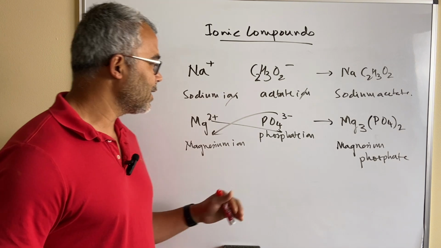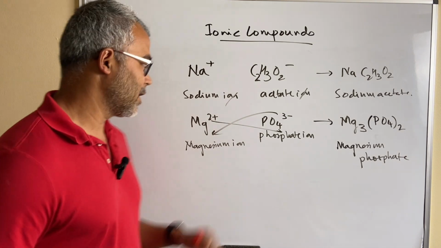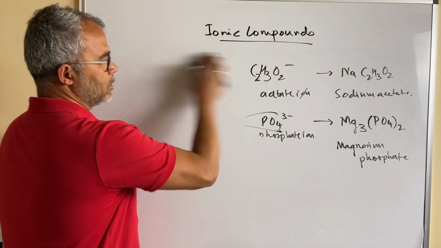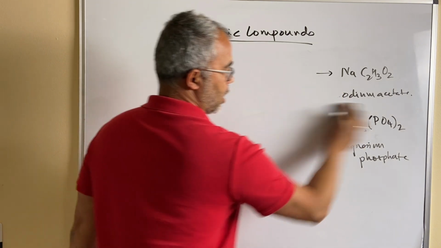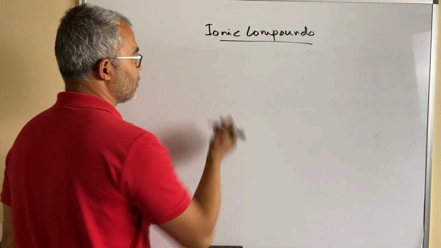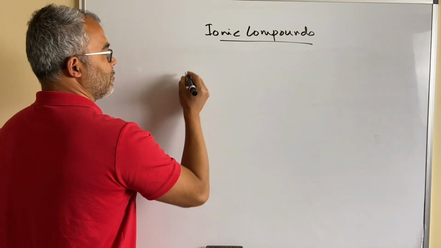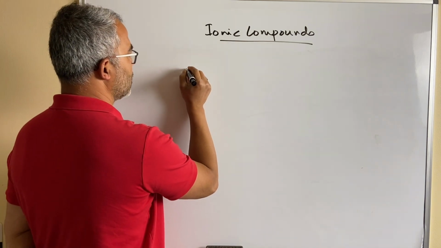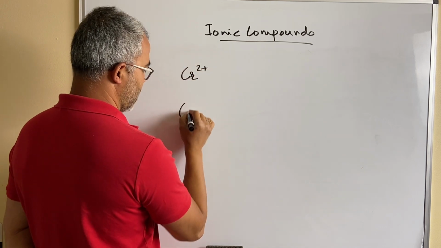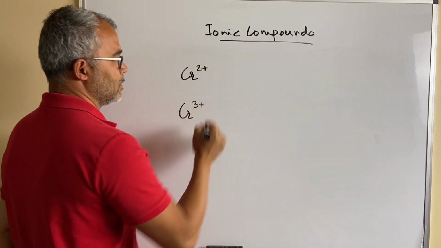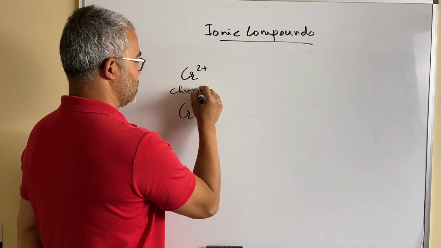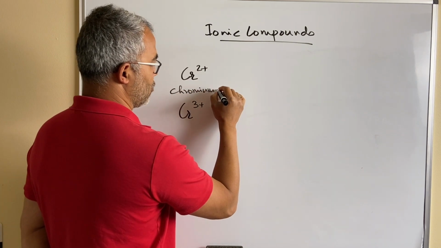Let's take a look at a situation where you have variable valency. Okay, so when I say variable, I'm talking about variable charges. So let's take, for example, I have chromium 2 plus and chromium 3 plus. So that's a variable charge metal, chromium.